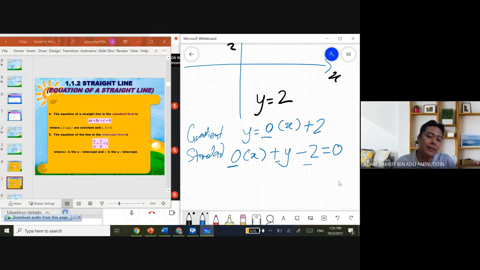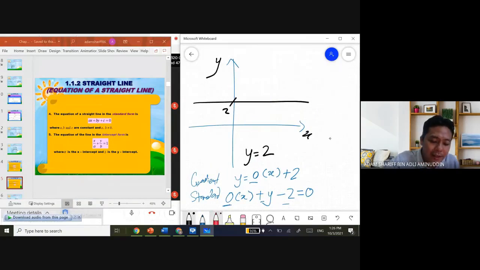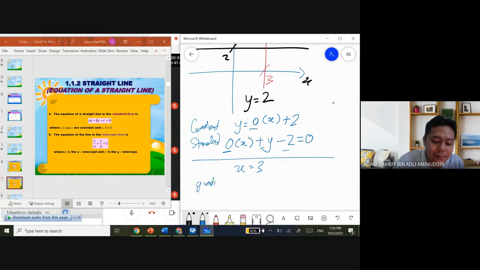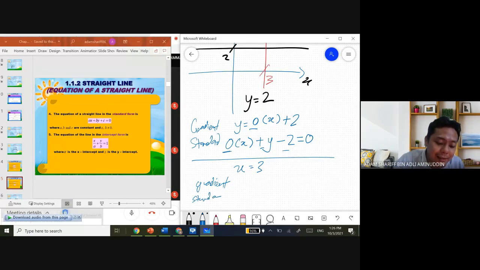And vice versa, you can represent a line which is vertical. For example, this is 3. For the third one, x equals to 3. This is a straight line as well. And if you put it in the gradient form, boleh ke? Sebab kalau standard form, kita guarantee dia adalah x plus 0y minus 3 equals to 0.